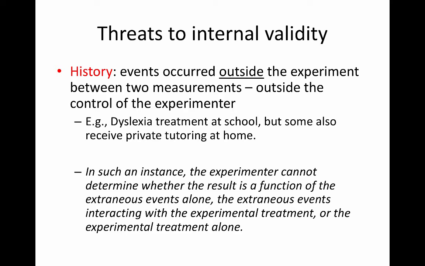For example, studying a dyslexia treatment at school, but of the 5 kids you're studying, 1 is also getting private tutoring at home. So that's a threat to your internal validity because one of the children you're looking at is getting additional dyslexia treatment after school.